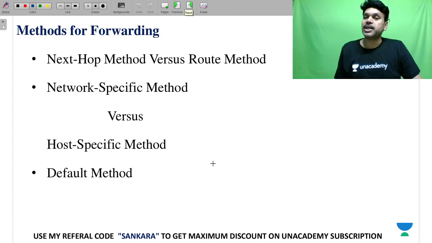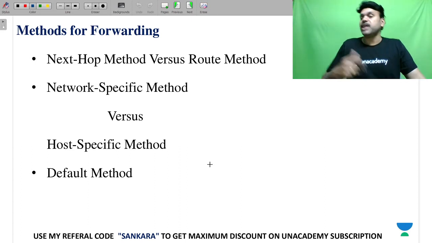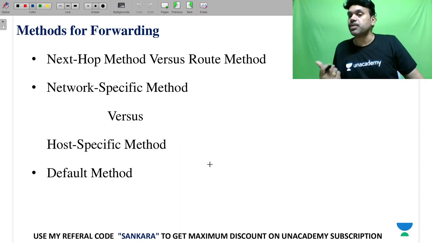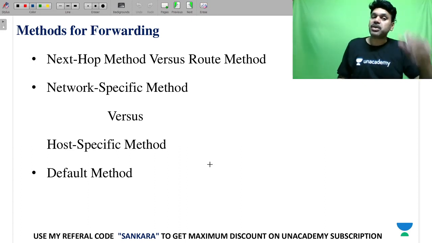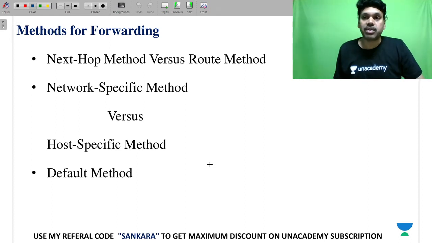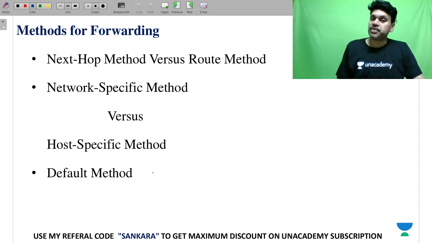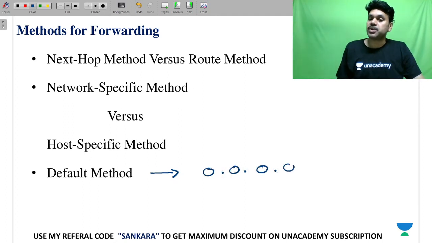There are two varieties of forwarding: next hop (next immediate) forwarding and network forwarding, and default forwarding. Default forwarding is nothing but we are relying on the router, and the router is going to use a default address.